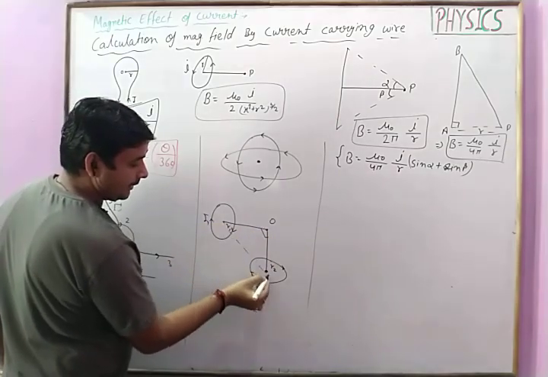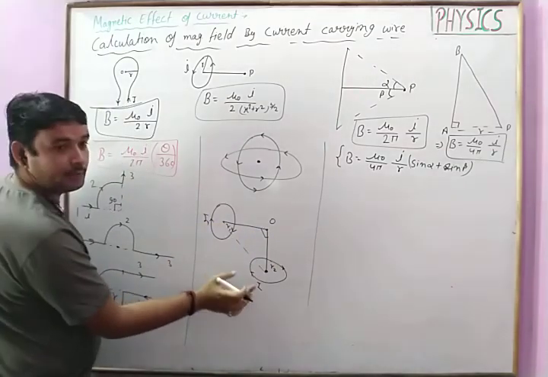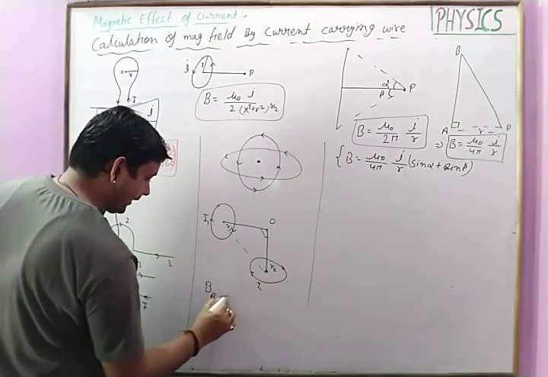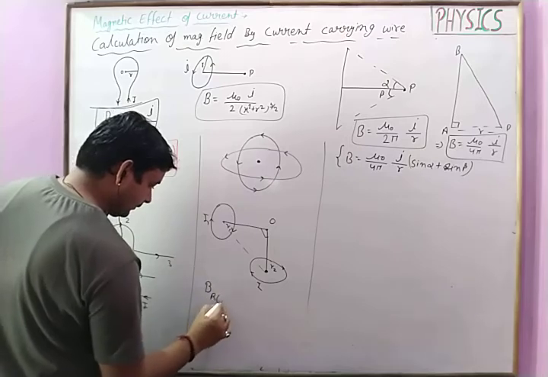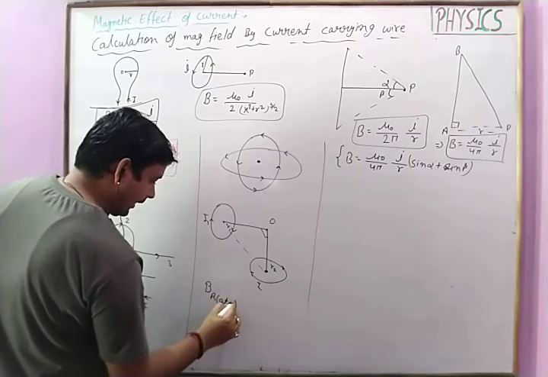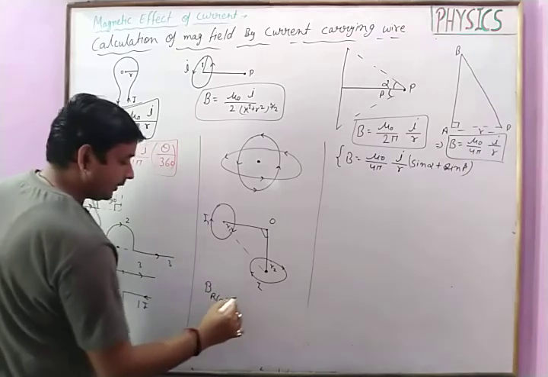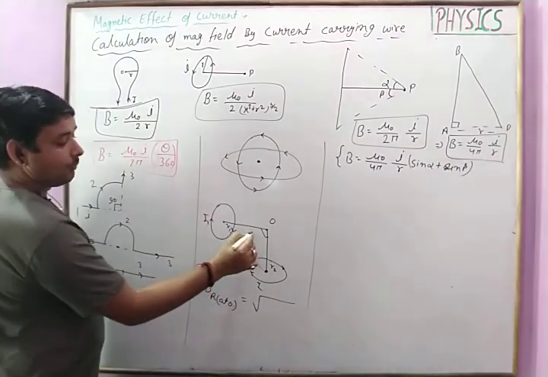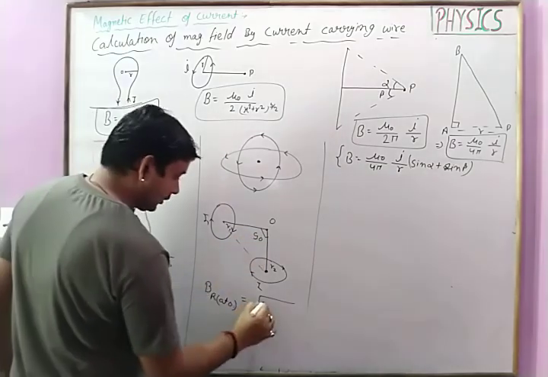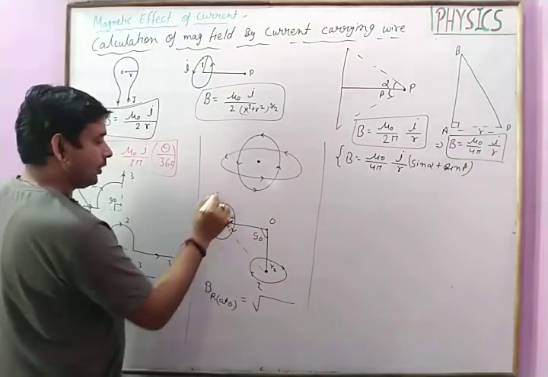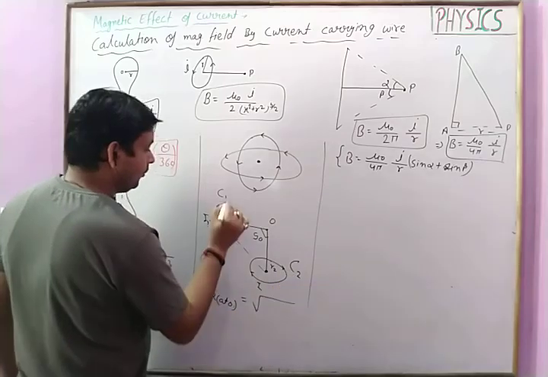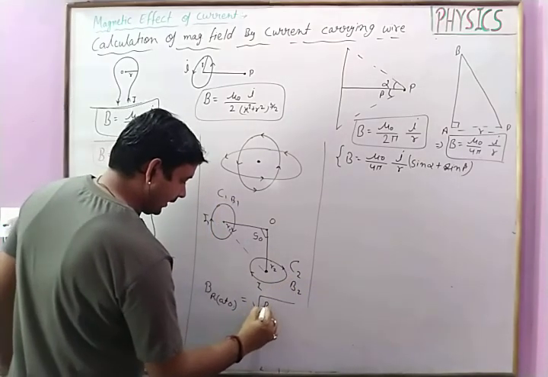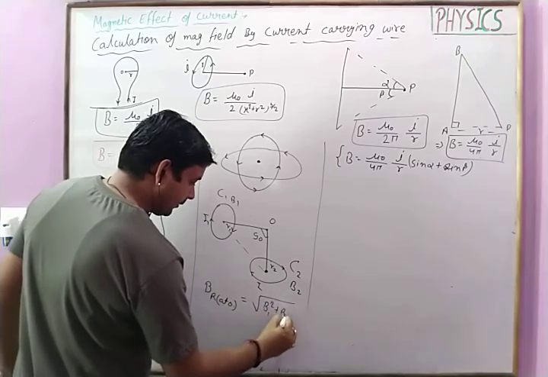The net field will come from the resultant, and for the resultant we use the formula: resultant of magnetic field at point O is equal to, because these two are rectangular components, if the magnetic field due to coil 1 is B1 and due to coil 2 is B2, then we calculate the square root of B1 square plus B2 square.